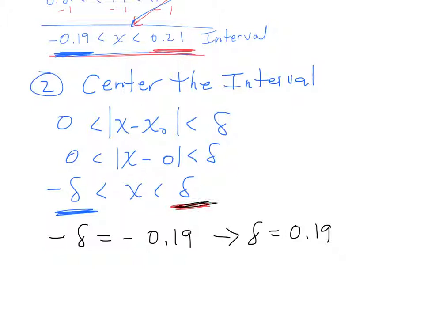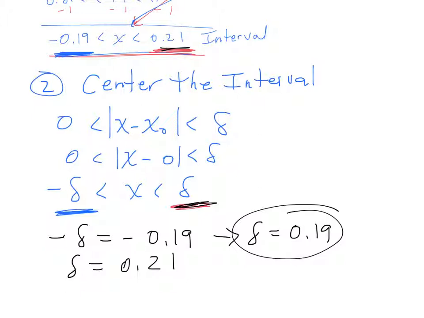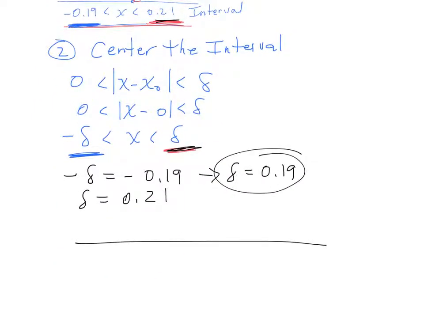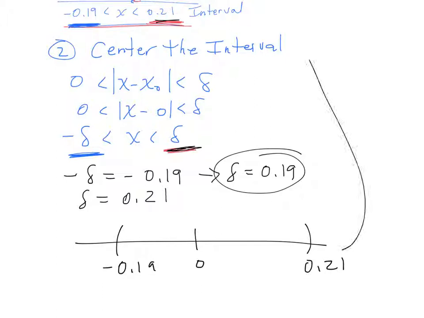And I'm going to do the same thing here. Delta equals that value, and I pick the smaller one, which means my interval went from negative 0.19 to 0.21. That was our happy world, right?